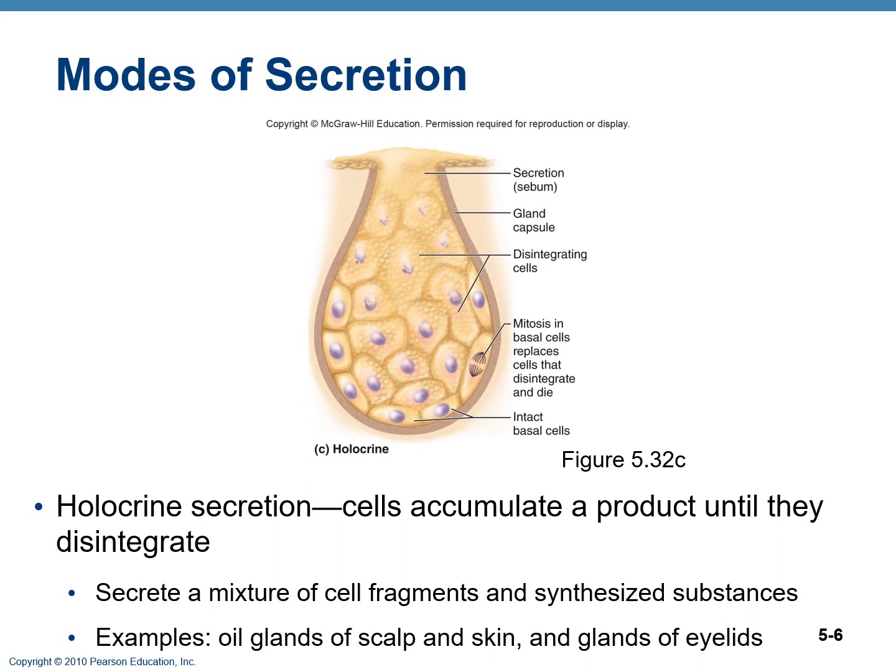So here this illustration is basically showing mitosis occurring in the basal cells that are going to replace the cells that disintegrate and die. Disintegrating cells are shown towards the top here, and then the secretion itself, which will be released on the surface of the skin, is going to be synthesized substances as well as actual fragments of these cells that have broken down.